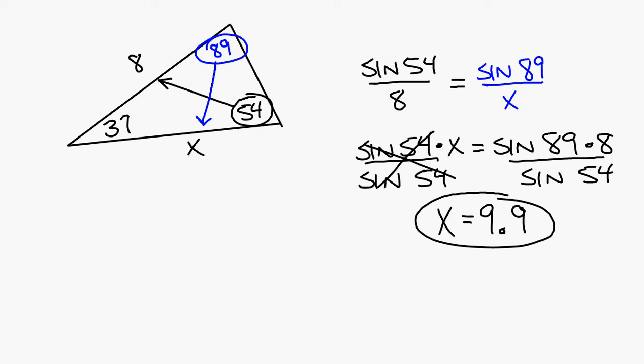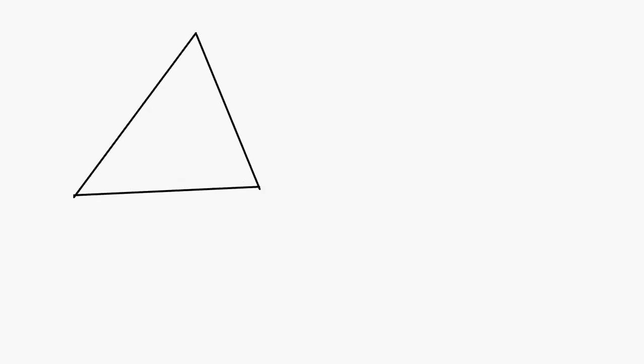Let's try another one of those where you've got to use the triangle angle sum theorem. 45 degrees up top. Side opposite the 45 is x. This bottom right angle is 73 degrees.